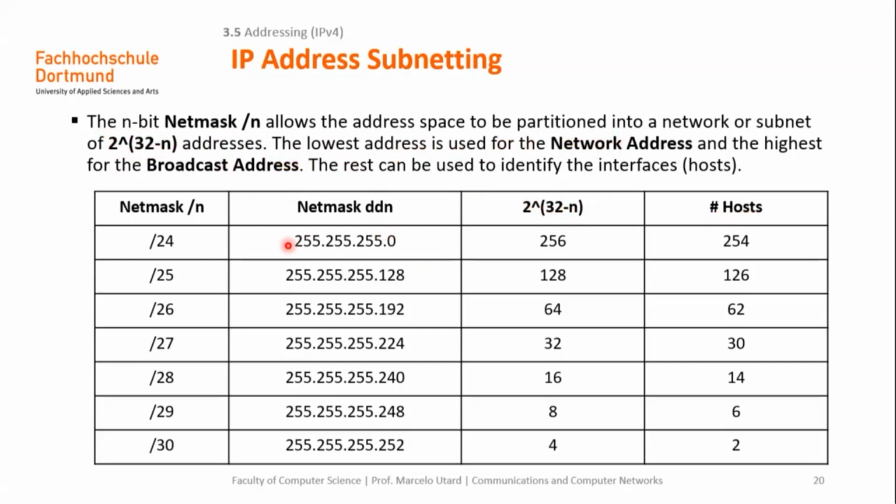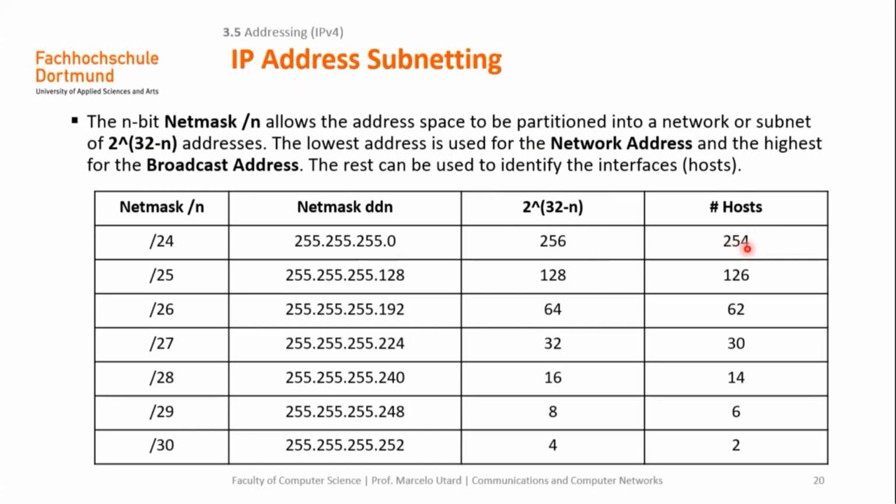Then, for instance, for a /24 net mask, that is 24 most significant bits in one, in this kind of decimal notation, we could have a range of 2 to the 32 minus 24, that is 2 to the 8, and 2 to the 8 is 256, minus 2 is 254 hosts.